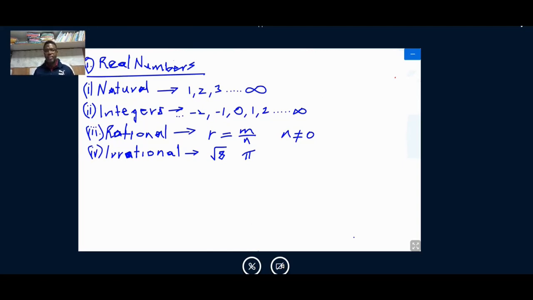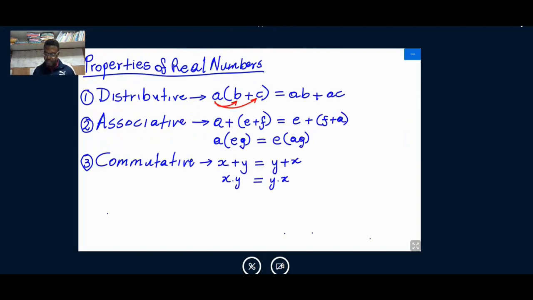So, real number properties are important. And we also recapped the second slide, where we spoke about properties of real numbers. The properties of real numbers, there are 3.